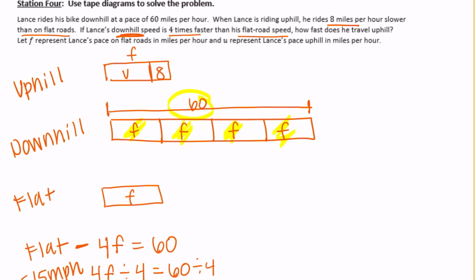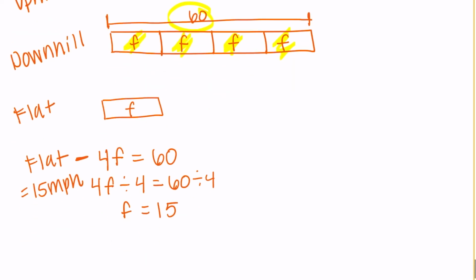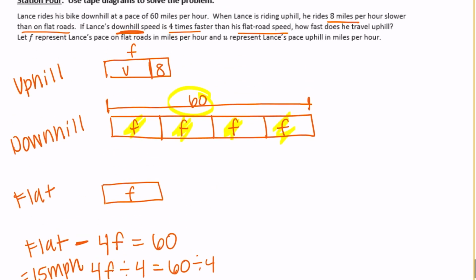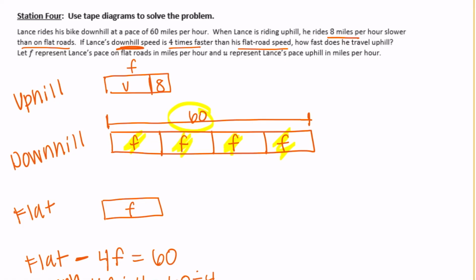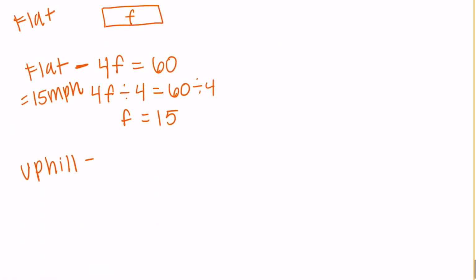So let's find how much it is uphill. So uphill would be equal to, we have U uphill plus 8 is equal to F. And we know that F is equal to 15. So we can do U plus 8 minus 8 is equal to 15 minus 8.